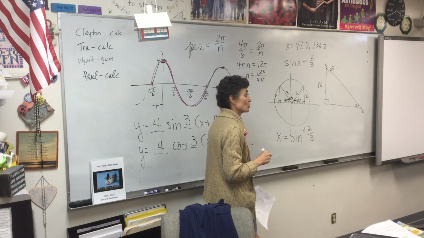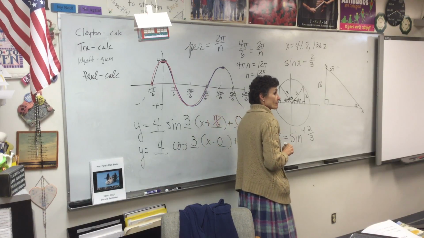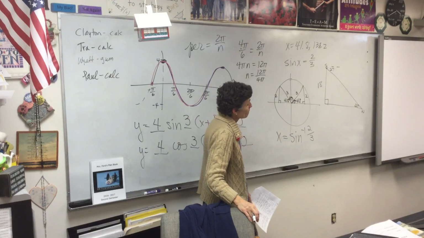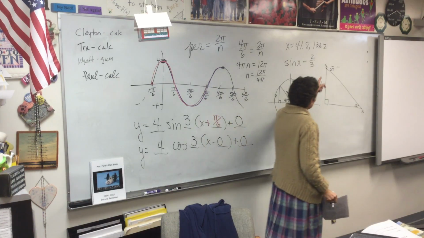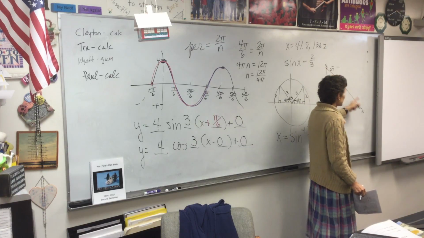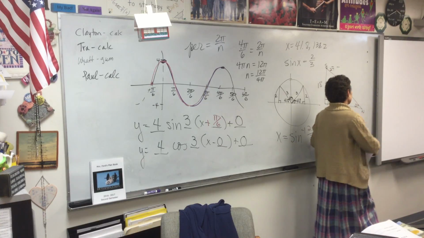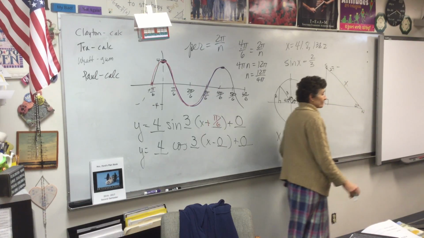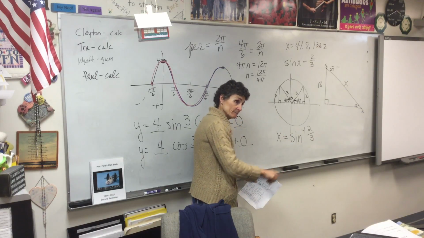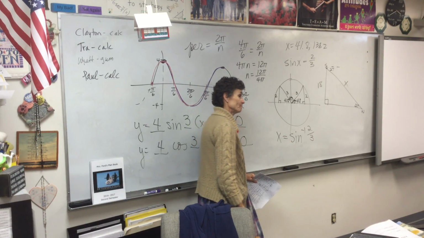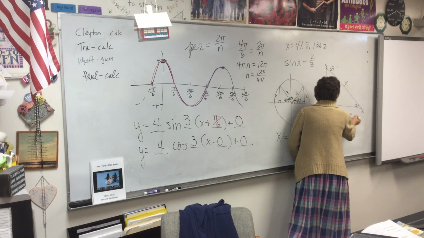How far is the squirrel from the nut? Where's the squirrel? Where's the nut? How far apart are the squirrel and the nut? We don't know, so it's x, that line, squirrel to nut. What function? Sine. Sine 27 equals 18 over x.